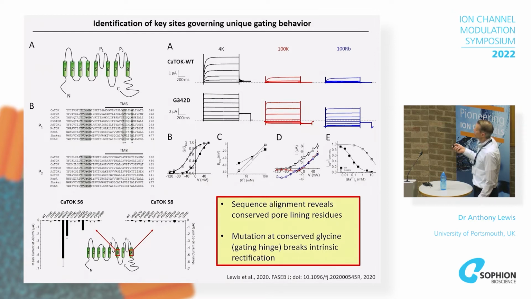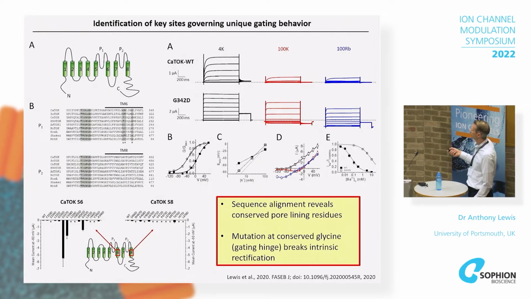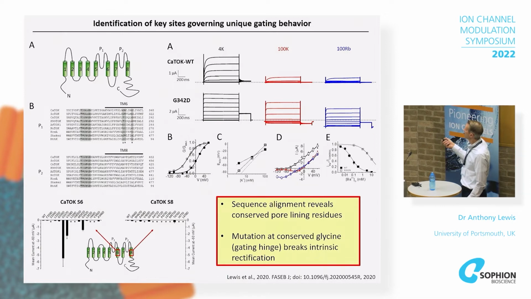So when you express, for example, the G342 aspartate mutant, you get currents that are rapidly activating, instantaneously closing, and in high extracellular potassium you start to see inward currents, and particularly in rubidium this is much more clear, and you start to see a linear IV relationship indicating that the channels are constitutively open.